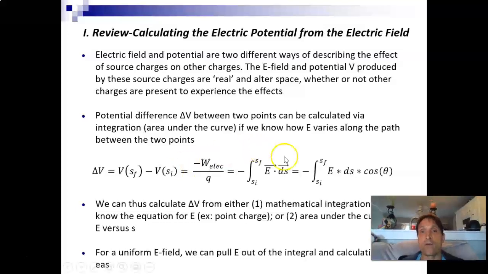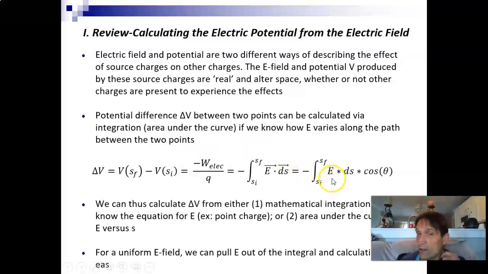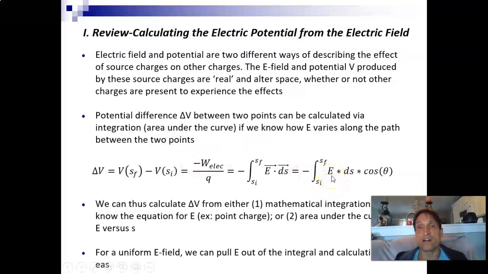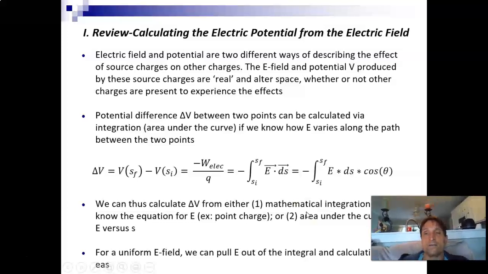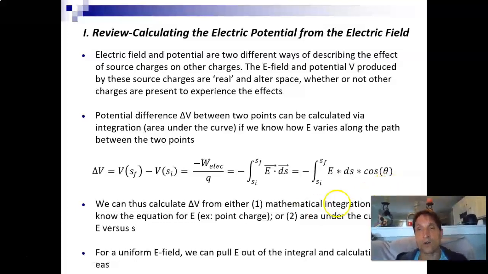Okay. So if we know the mathematical equation for the electric field, for example, a point charge, we can calculate the potential difference between 2 points by integrating this, plugging in E, the equation for the point charge, and then doing the integration. If you don't know a mathematical equation for E, the second way that we did last time is, suppose you have a graph of the electric field versus S. The integral is just the area under the curve.